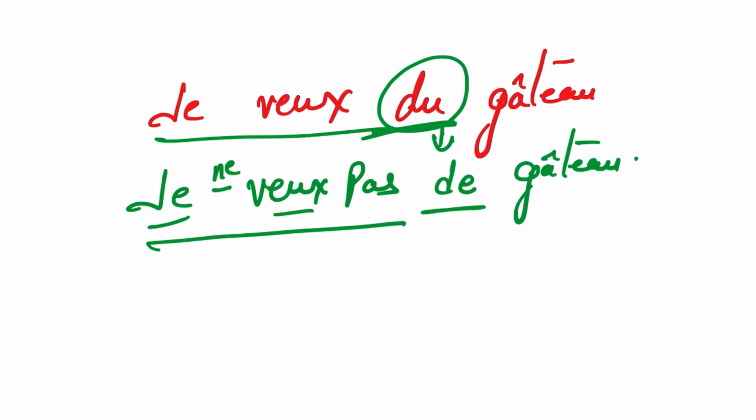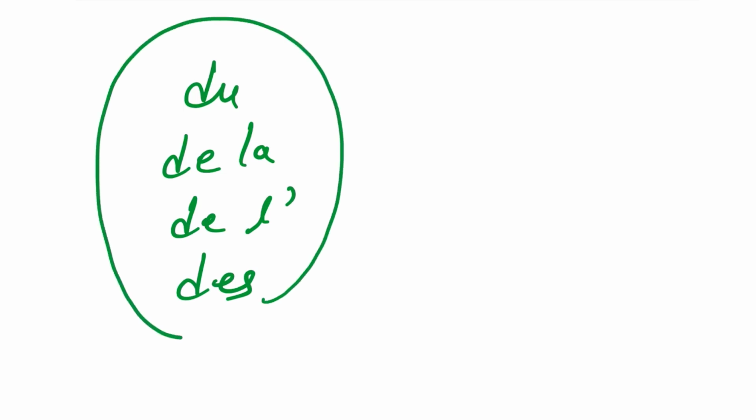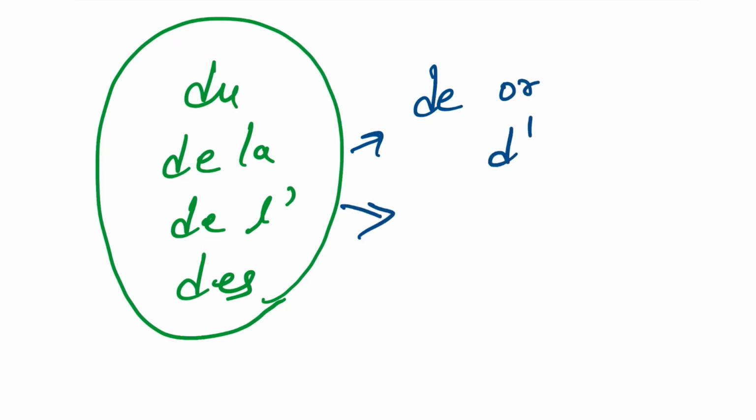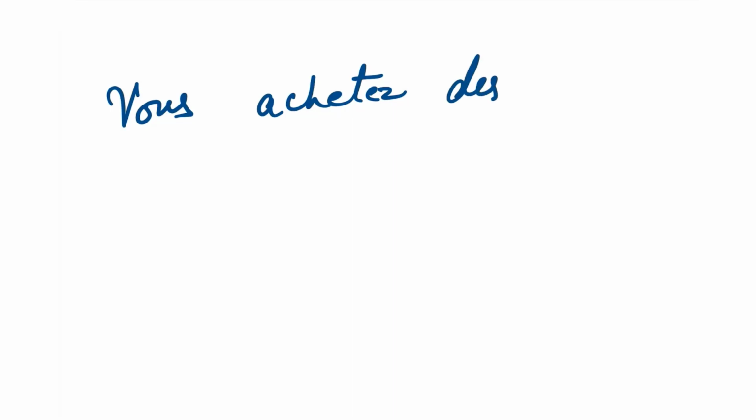Now this du will change into de if the sentence is in a negative form. Okay, whenever there are the partitive articles du, de la, de l' or des, these 4 articles will change into de or d' when we are changing into a negative sentence. Okay, let's see one more example. Vous achetez des robes. Okay, you are buying dresses.